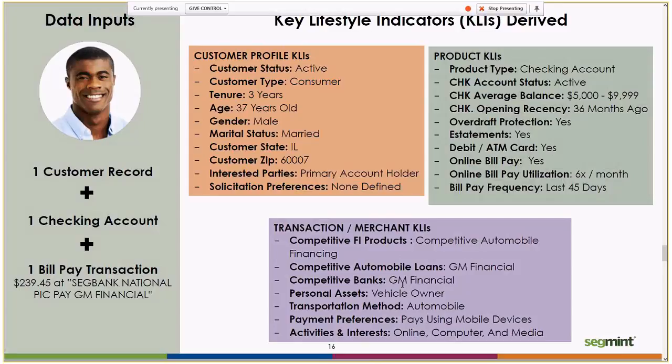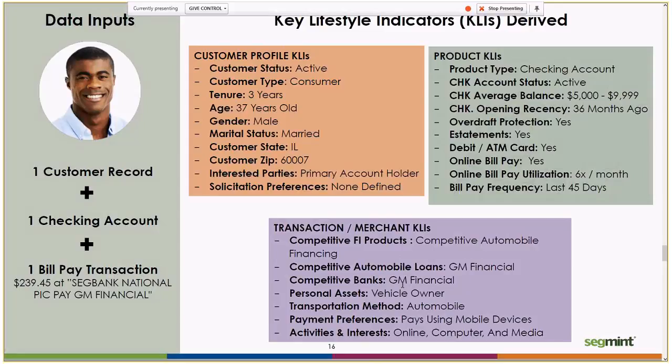If we look at this example, the data input is simply a single point of information about that customer, your customer record, which would reside in your MCIF or your core platform. In addition, there's account-level information about a checking account this customer holds, along with a single bill pay transaction.